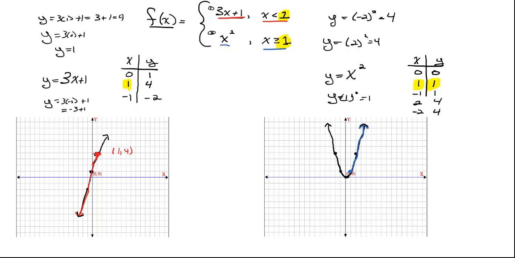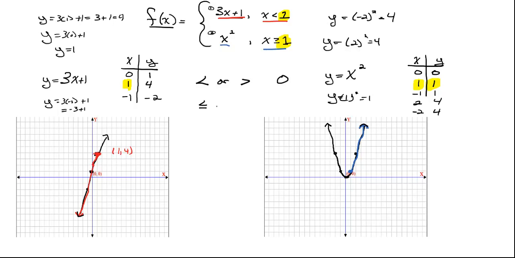But this gets even more in depth because when we are looking at our first function, 3x plus 1, it only exists when x is less than 1. Less than 1 and less than or equal to are distinctly different. So whenever we see a less than or greater than sign, that implies we're going to use an open circle graphically.